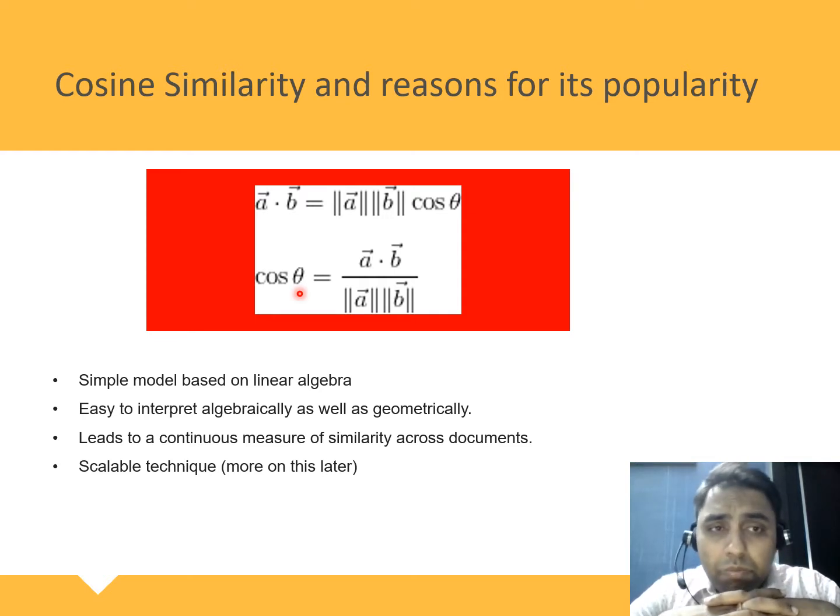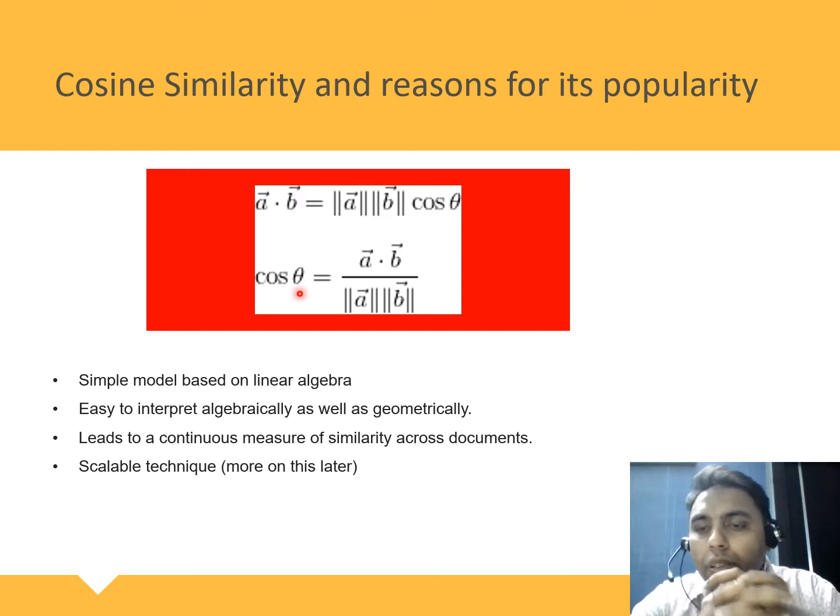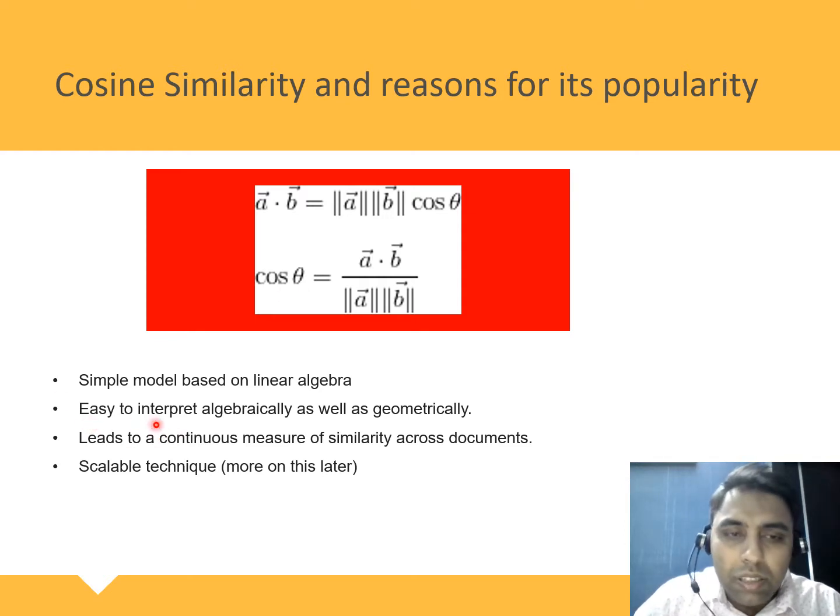It's fairly popular, and in most cases it's used as one of the similarity measures when it comes to measuring similarity of text data. Having said so, there are other similarity measures as well. But obviously, cosine similarity is the most popular one, and one of the reasons is that it's a very simple model based on linear algebra, very easy to understand and interpret.